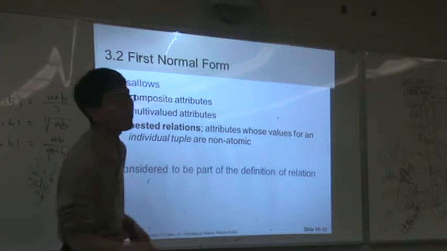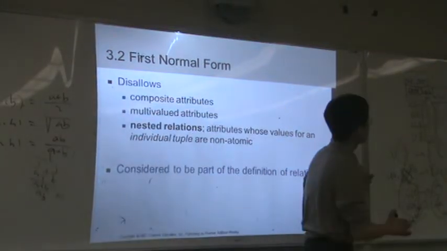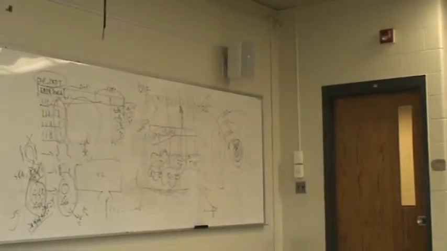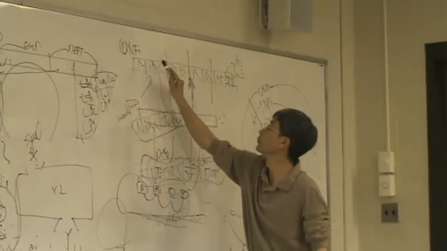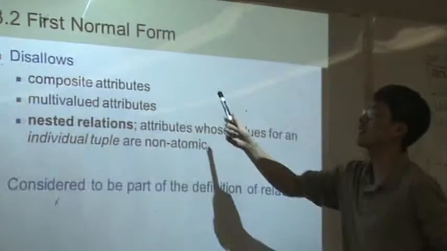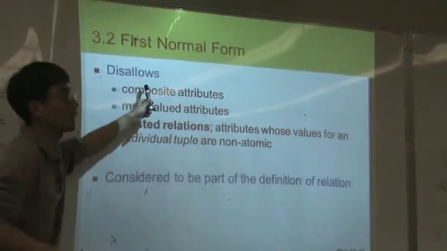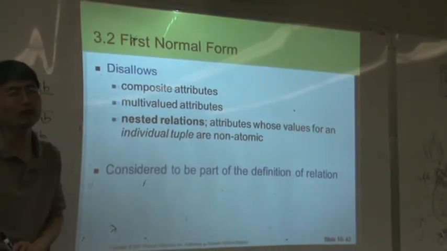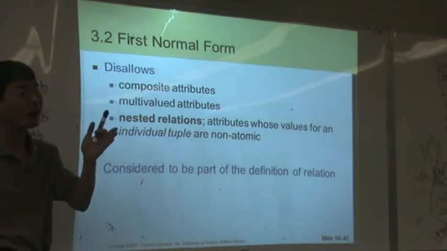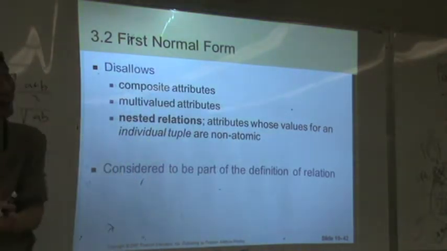First normal form. What is the first normal form? First, we have an unnormalized table, an unnormalized database design. Okay, check first each attribute, whether each attribute is composite. What is a composite? More than one attribute in one attribute, right?